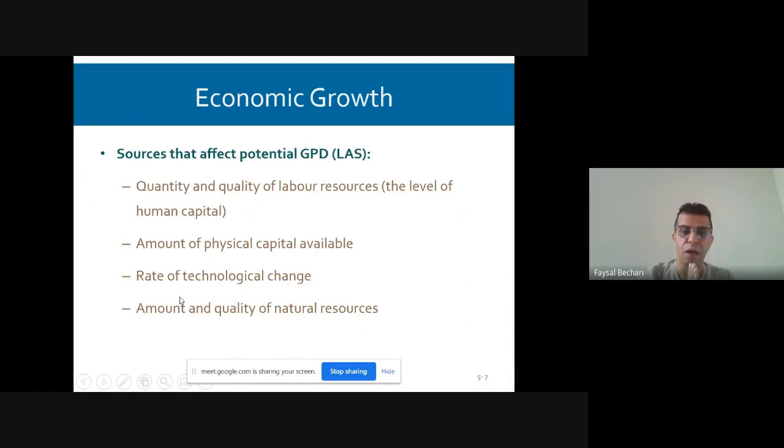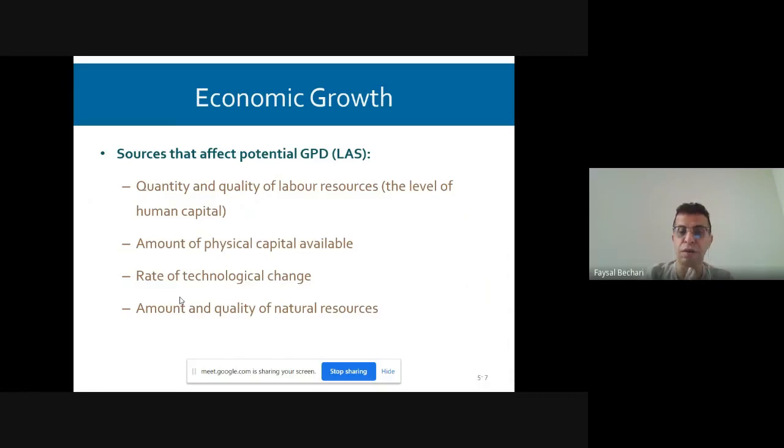Now, when the economy grows, the GDP also grows with it. So there is the long-term aggregate supply, or LAS, where the potential GDP are kind of equal.